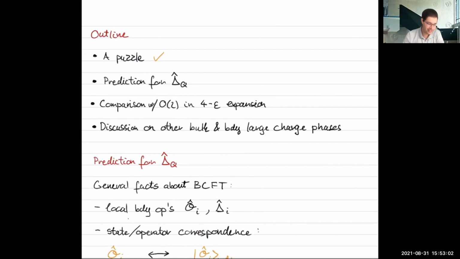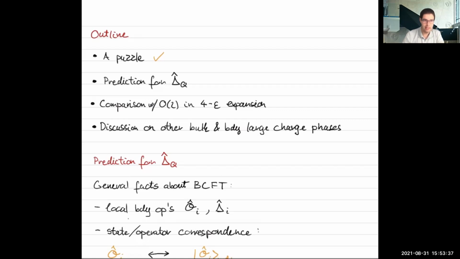In this framework, I will present predictions for the dimensions of boundary scaling operators, and that will be the next part of the talk. Then we will verify these EFT arguments through explicit computations in the O(2) model in the 4 minus epsilon expansion, and then I would really like to open the floor to discussions on other bulk and boundary large charge phases.